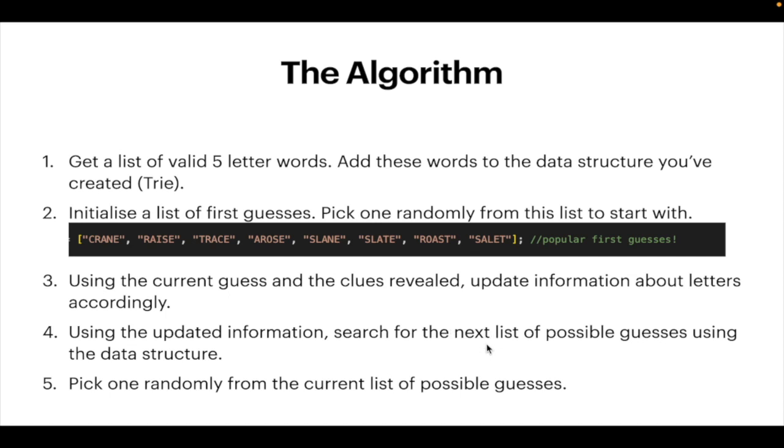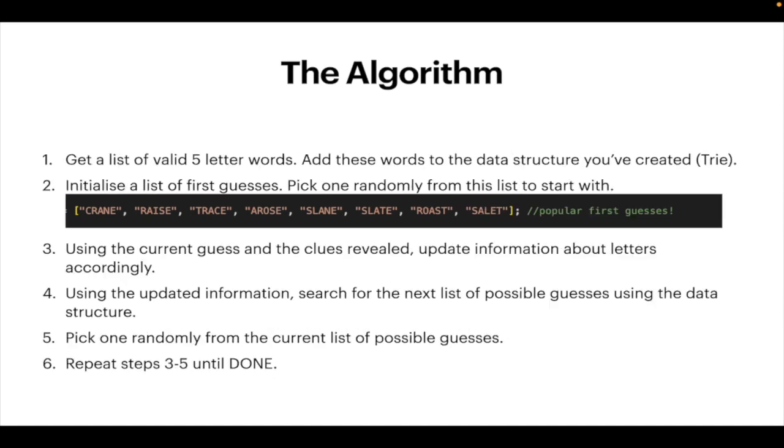And once we have a list of next possible guesses, we pick one randomly from this list again, and then repeat steps 3 to 5 until we've guessed the word right. So that was basically the gist of the algorithm. Of course, it'll start to make more sense in the code walkthrough section.